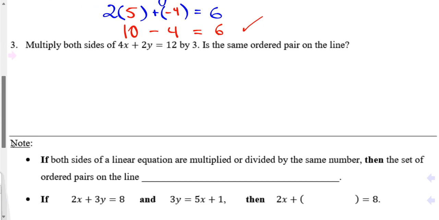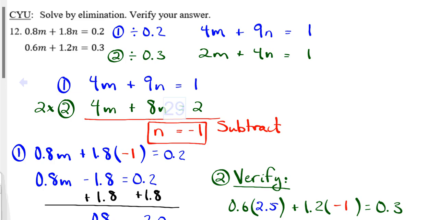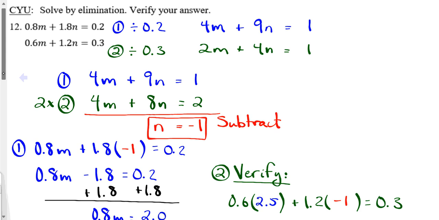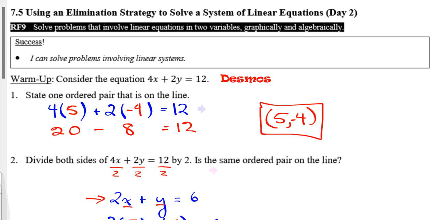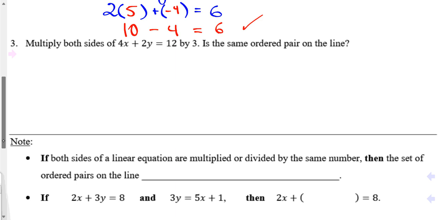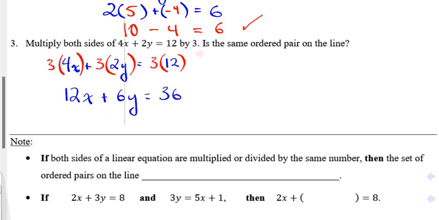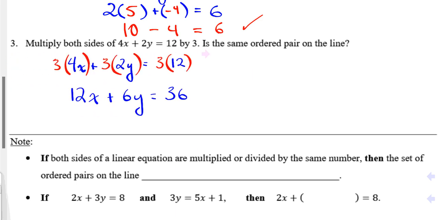Question number 3. This time we're asked to multiply both sides of the equation by 3. Let's try this again. Multiply both sides of the equation by 3. I get 12x plus 6y equals 36. And again, I'm curious, if I do 12 times my x value plus 6 times the y value, will I end up with 36?